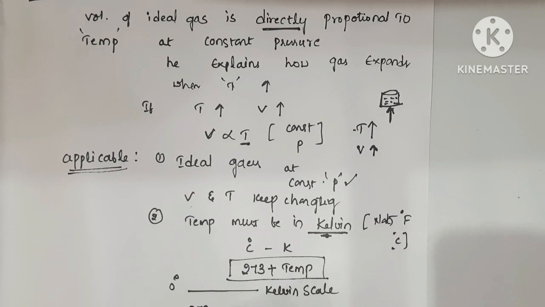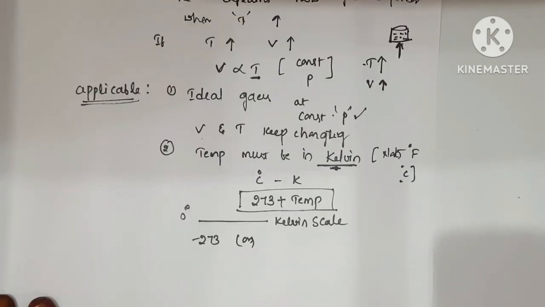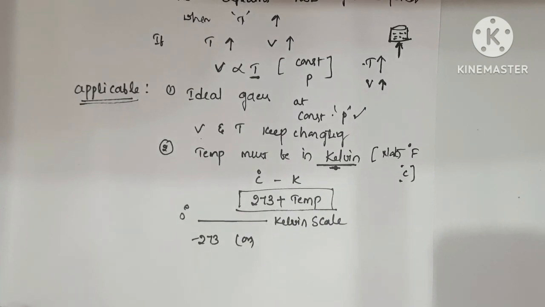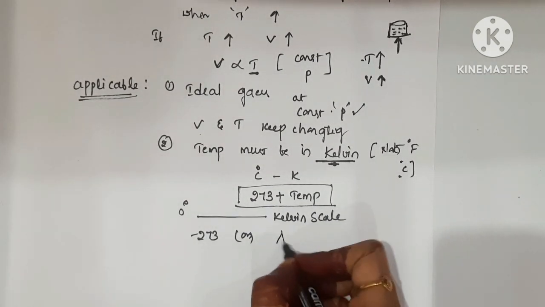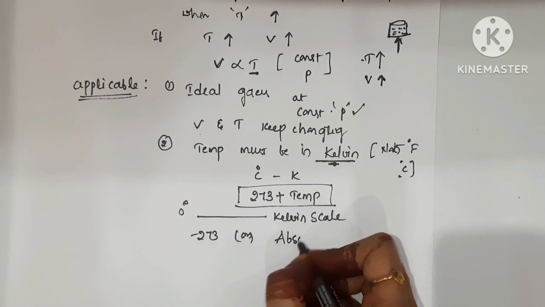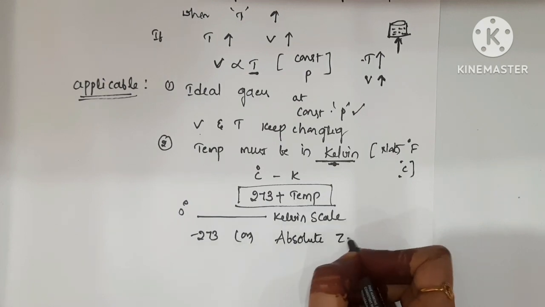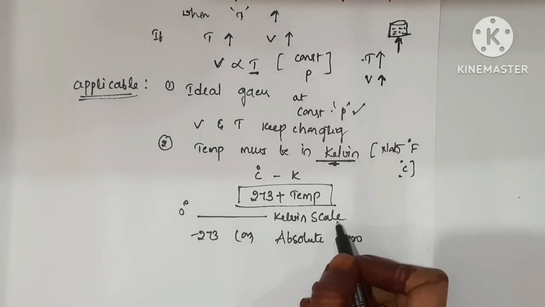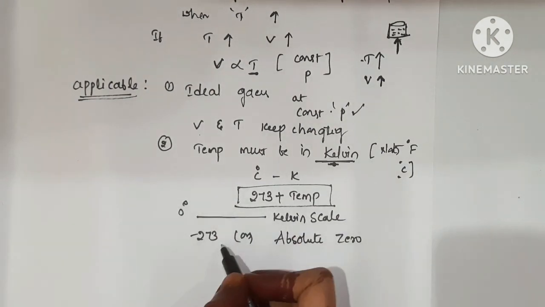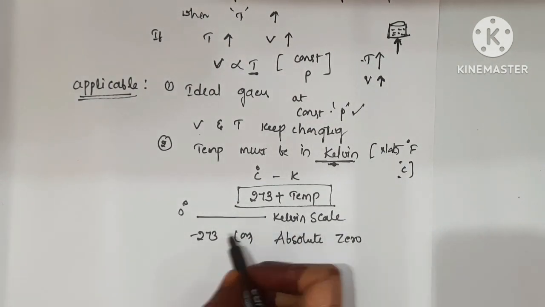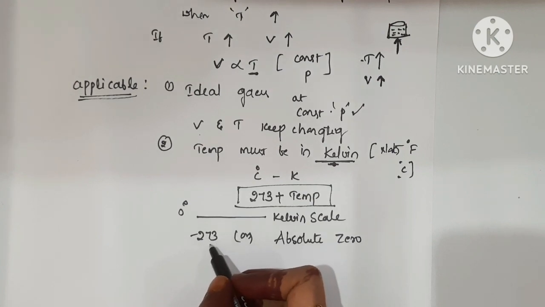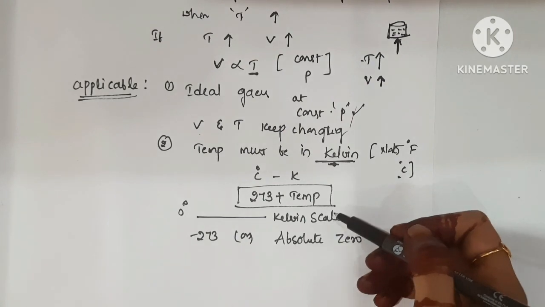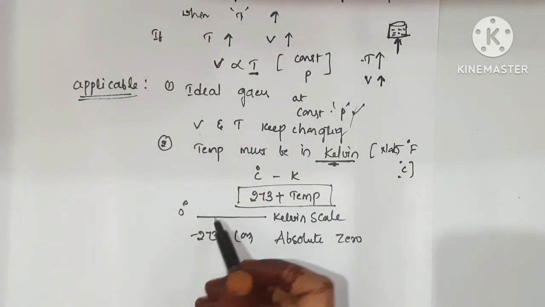Zero on the Kelvin scale means absolute zero, or minus 273 Celsius, right? So these are the general conditions for Charles's law.